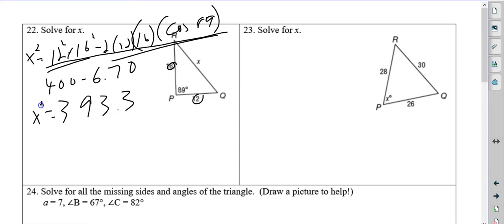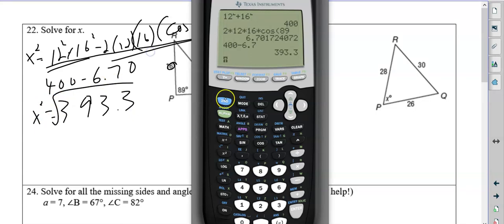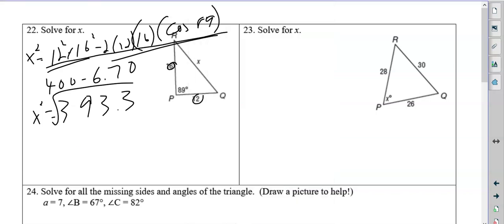But remember, that's equal to x squared, so you have to square root this number. So second square root 393.3. 19.83. Which again makes sense. It's hypotenuse. It should be bigger than both of those numbers. And it is.